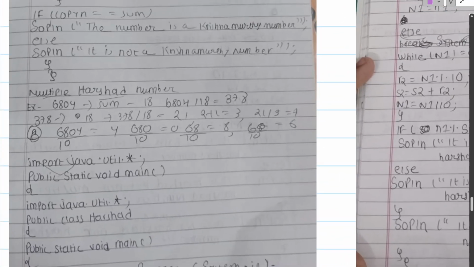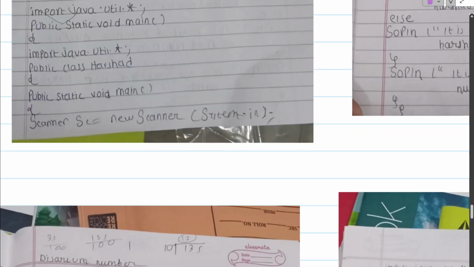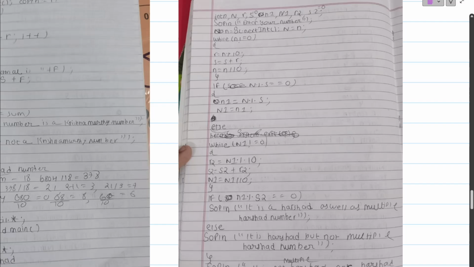If I have taken a number from the user, here it is 6804. If I find the sum, that is 18, and I divide the number with that sum, and I again do the same thing, and it is done until I have got my number as one digit, is this what has to be checked?